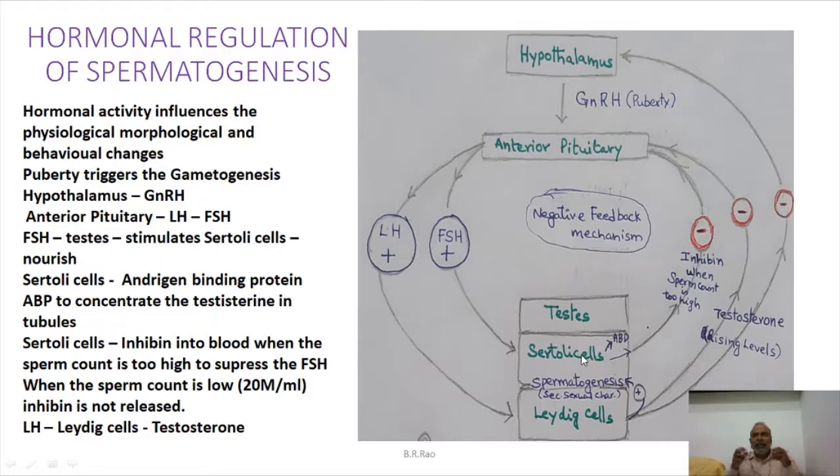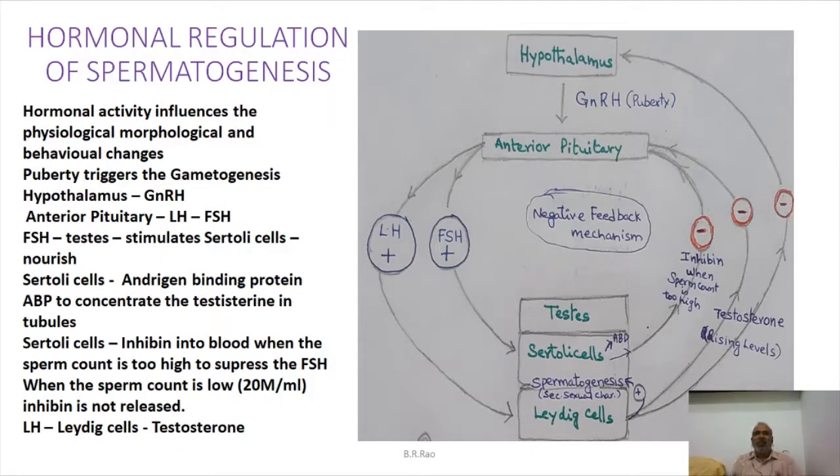Androgen binding protein, secreted by the Sertoli cells, makes the testosterone liberated by the Leydig cells get concentrated at a particular place. Testosterone is produced by Leydig cells, but it has to be concentrated at a particular place. So when androgen binding protein is there, testosterone will show its effect.